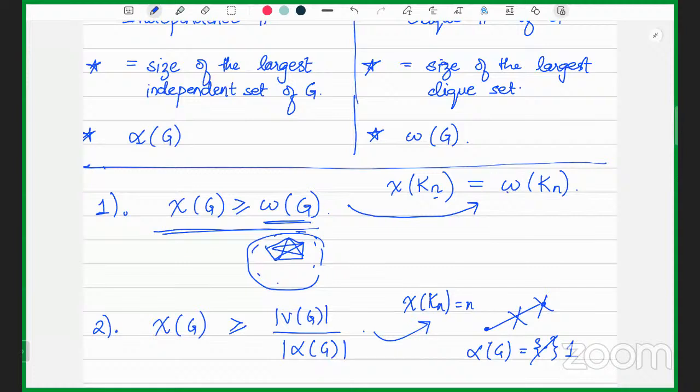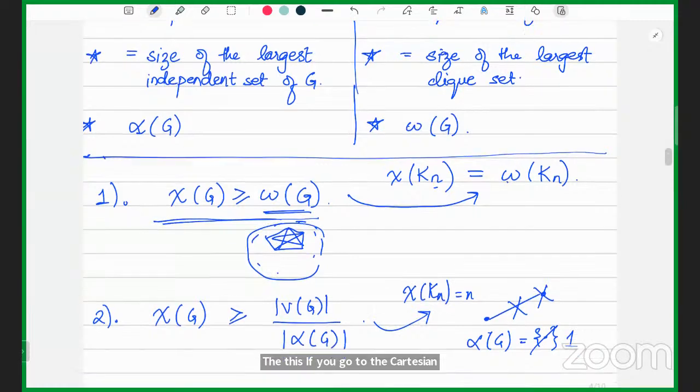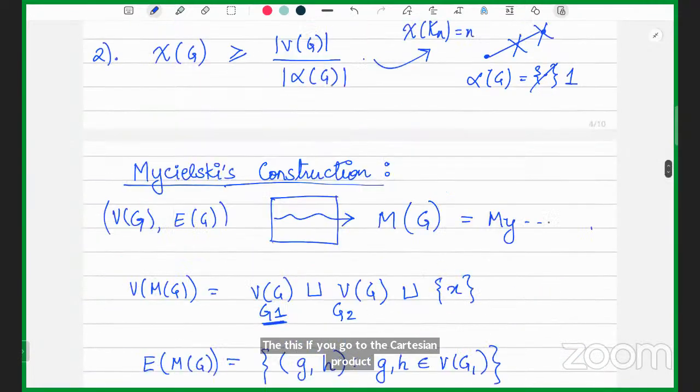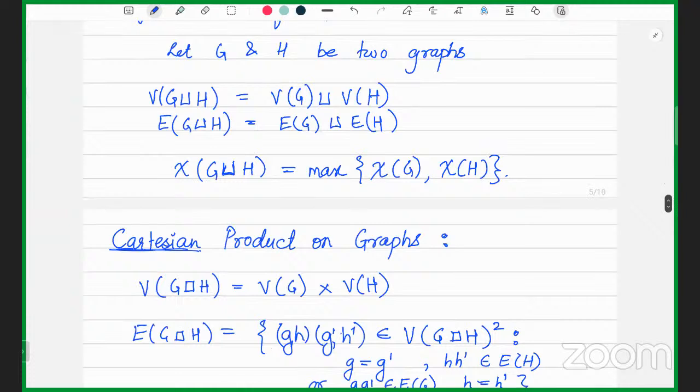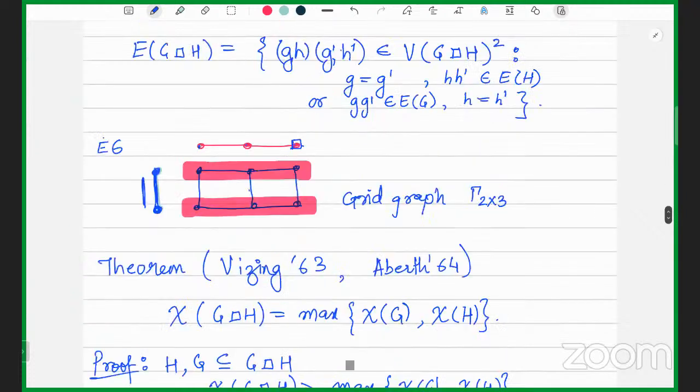The other question is regarding the Cartesian product. The Cartesian product of two path graphs is a grid graph. Now if we talk about the independent sets, for the path graph we know what the independent sets are.